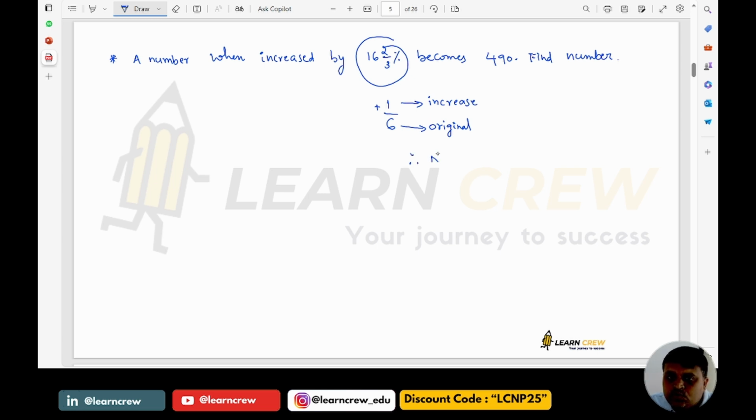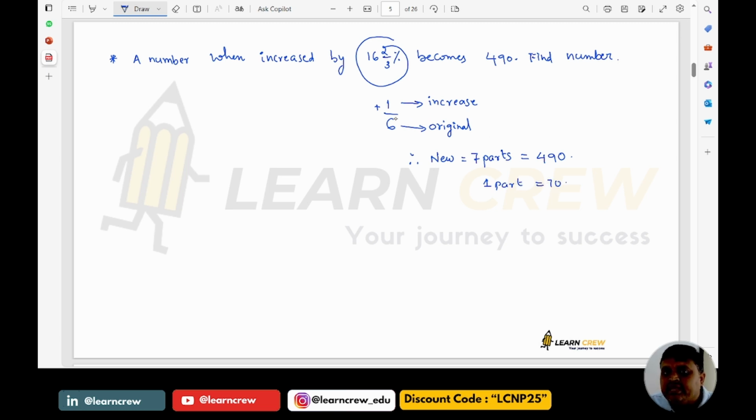Therefore, the new value would be 7 parts. After increase of 1 on original 6, the new value is 7 parts. This 7 parts is given as 490.